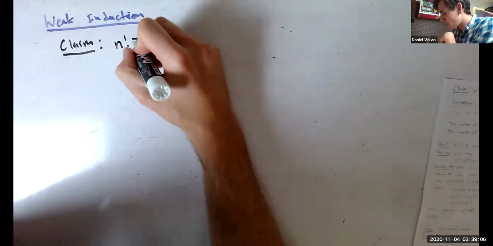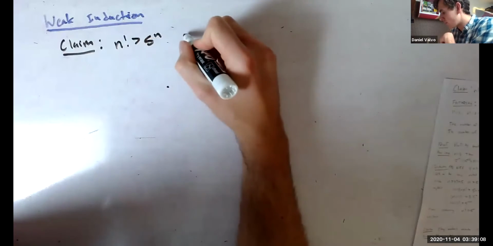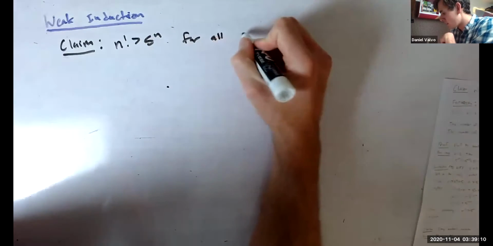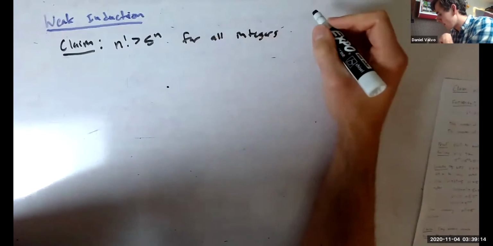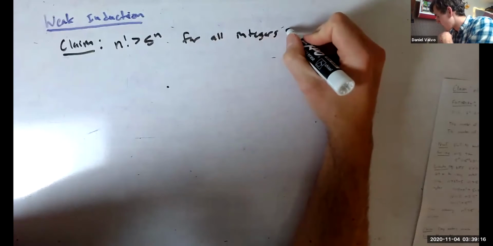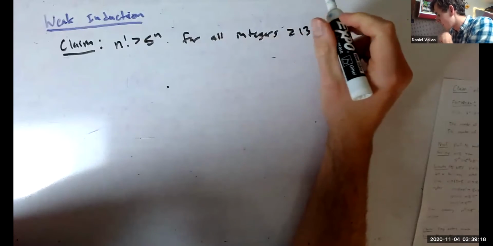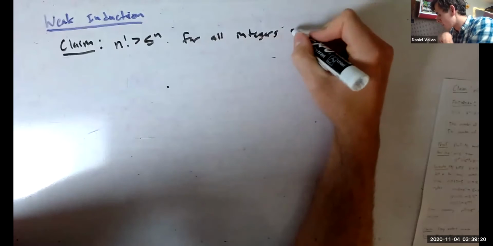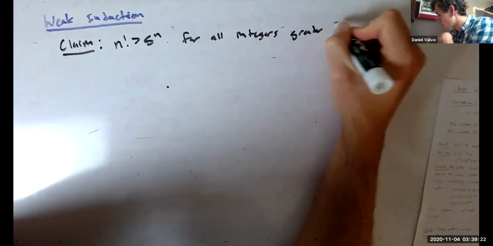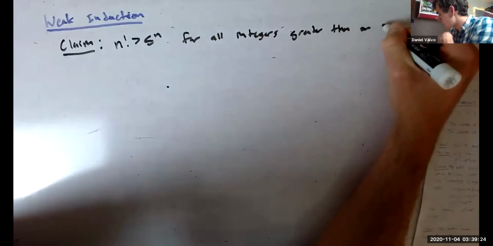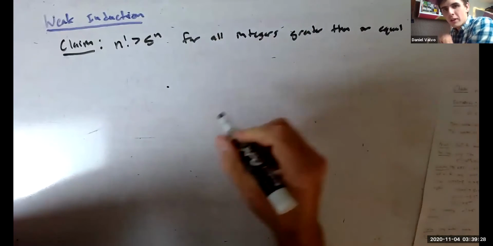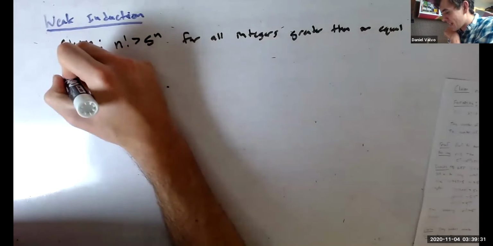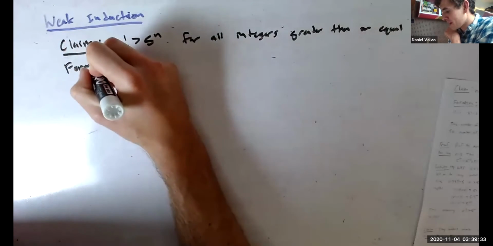N factorial is greater than 5n for all integers greater than or equal to 13. Greater than or equal to 13, which I write like that just to give us practice with writing things formally.